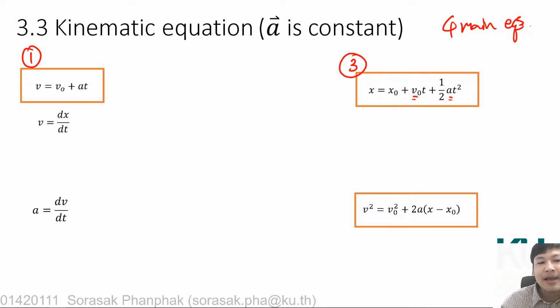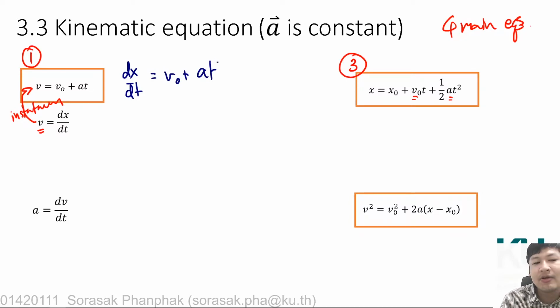You also know that the instantaneous velocity is the derivative of the position or displacement over time. So with this relation, you substitute it into v. You get dx by dt equals v0 plus at.